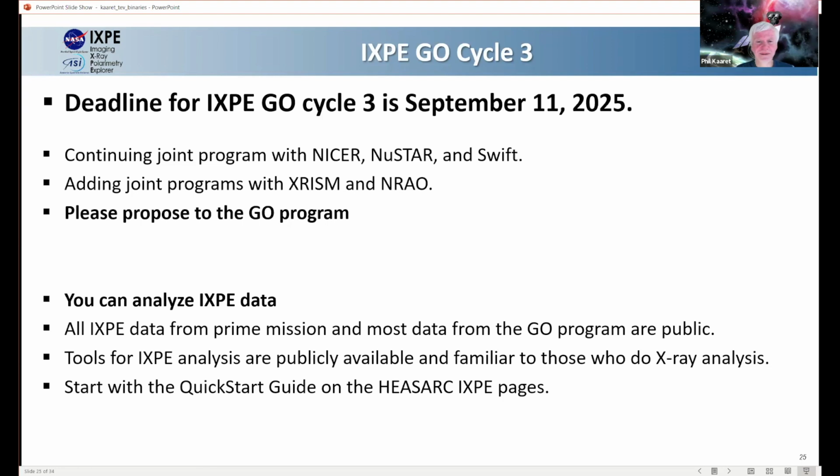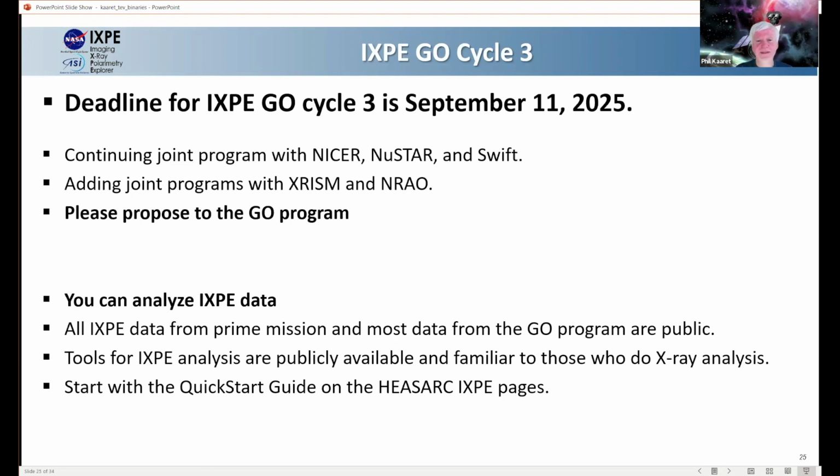And so you can request an exclusive use period up to 6 months. I do suggest that. If you propose to the GO program, you can just check a little box saying you want up to 6 months exclusive use, and you have to write a short justification. If you have a student working on it, you'll get your exclusive use of 6 months for sure.